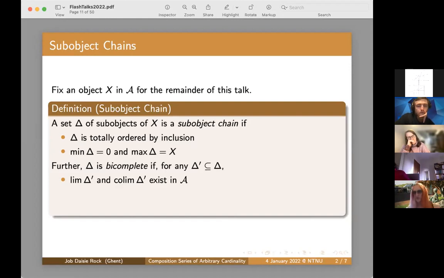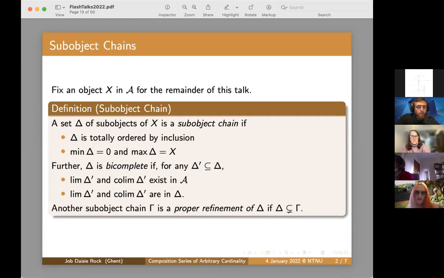And remember, because we're talking about objects with their maps, taking the limit and co-limit makes sense because whenever you look at some subset of delta, this is actually a directed system in your category because you already have the maps. And we also want those limits and co-limits to be in delta. It wouldn't do us much good if they existed, but they weren't part of our totally ordered set.